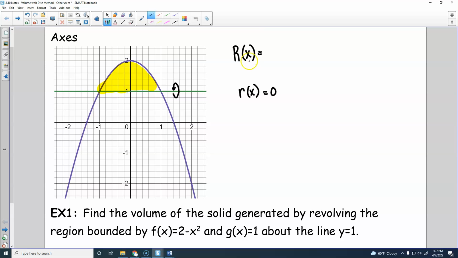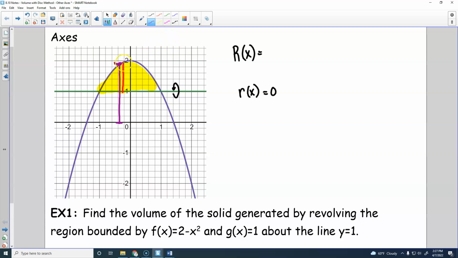But we do need the radius here, which is going to be from that purple line to the line that we're rotating around. Now if I use the equation for the purple line, that will give me my y value all the way down to that x-axis. That would give me this length.